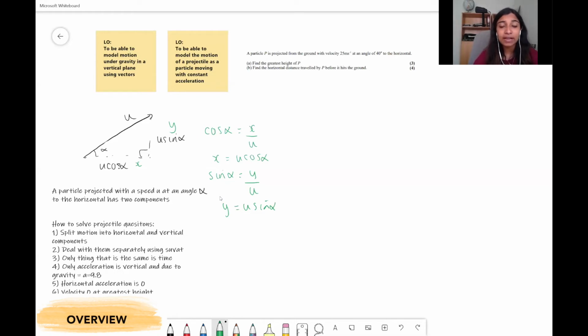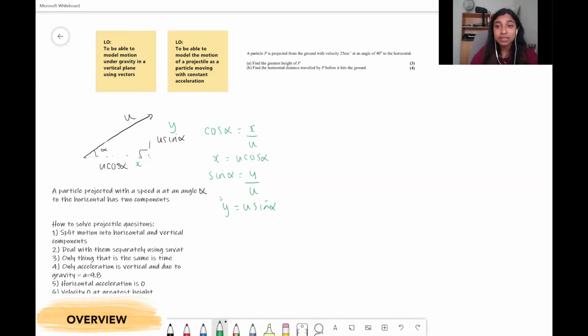You're only going to have acceleration in the vertical direction, because that's due to gravity. When you're throwing something into the air, you're only going to have gravity acting on it. And remember, for gravity, your acceleration is 9.8. That means your horizontal acceleration is going to be 0. So you can plug that in when you're looking at your CVAT.